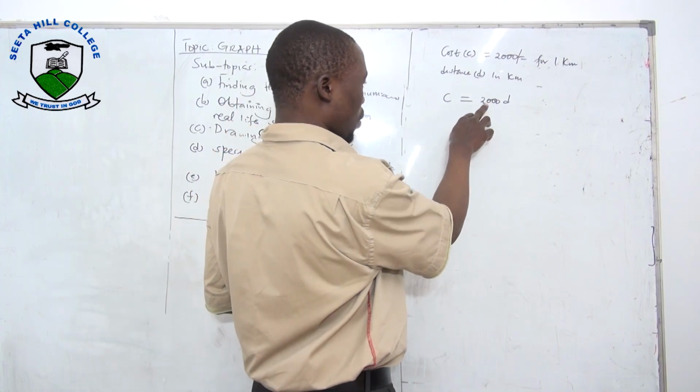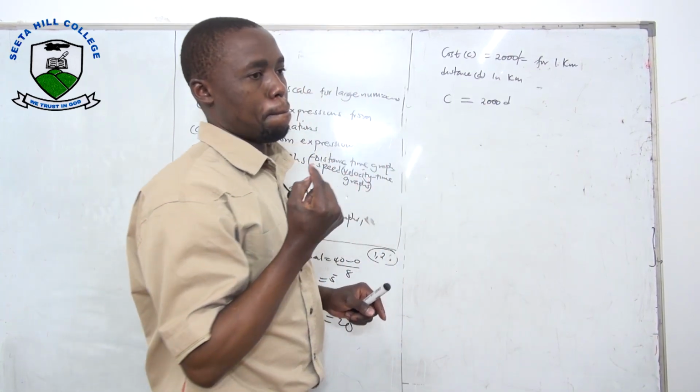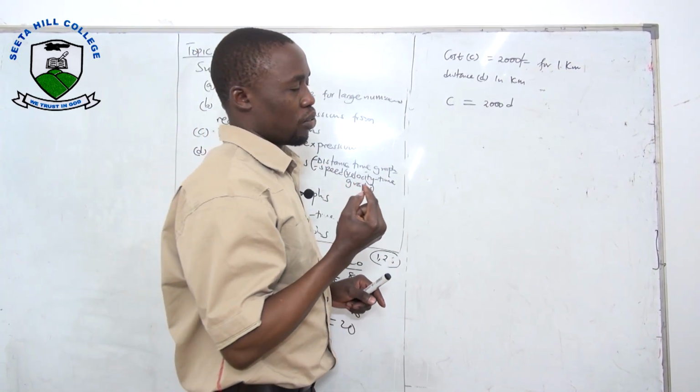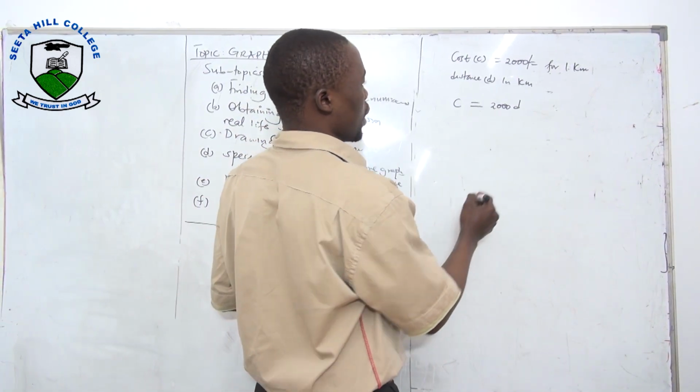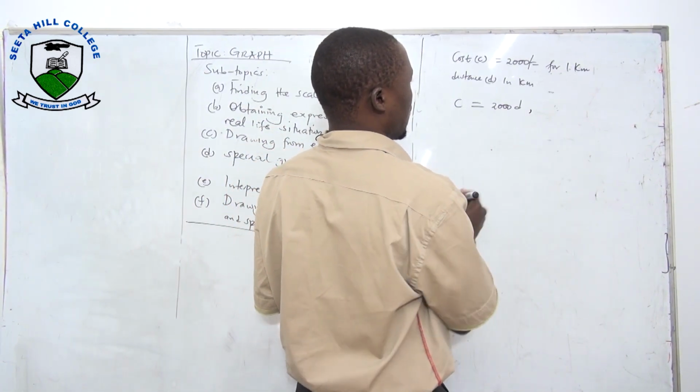Now, such values would be big on the graph paper. For cases where values are very big, we convert.